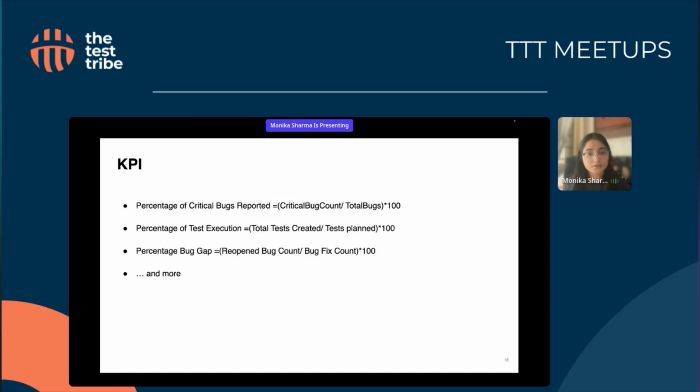These facts and figures are going to be covered as part of KPIs. There are many ways to capture these metrics, related to bugs, test execution, test planning, and test automation creation.